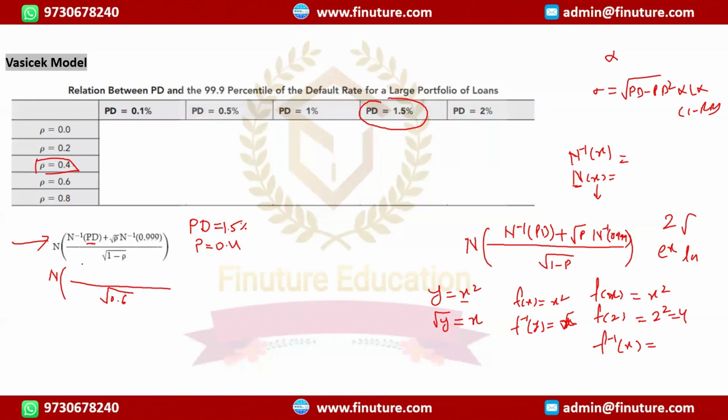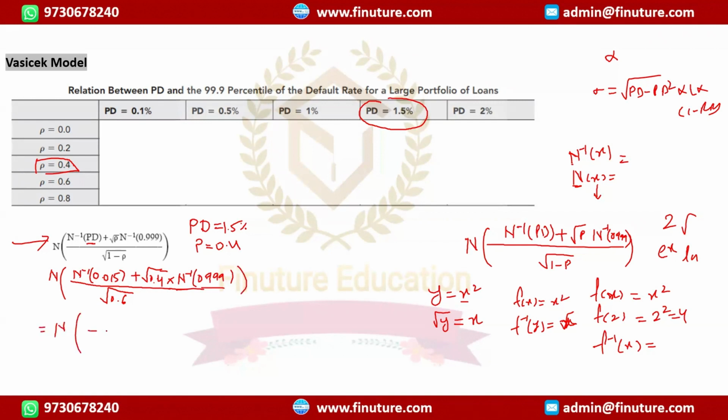And now N inverse of PD, in this case PD is 1.5%. So I will find the corresponding Z value for this one. In the same way, under root of 0.4 times N inverse of 0.999. So let's see what it is.